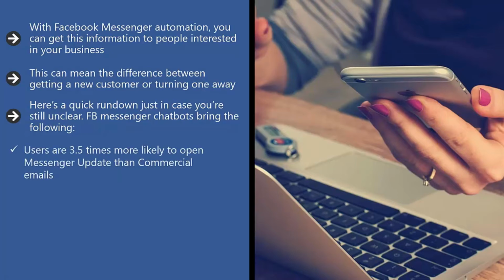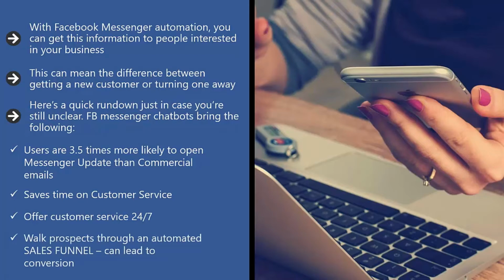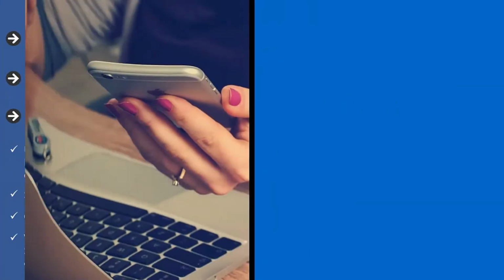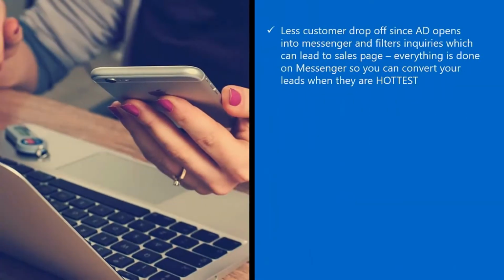Users are 3.5 times more likely to open a Messenger update than commercial emails. Saves time on customer service. Offers customer service 24/7. Walks prospects through an automated sales funnel, which can lead to conversion. Less customer drop-off, since an ad opens in Messenger and filters inquiries, which can lead to a sales page. Everything is done on Messenger, so you can convert your leads when they are hottest.